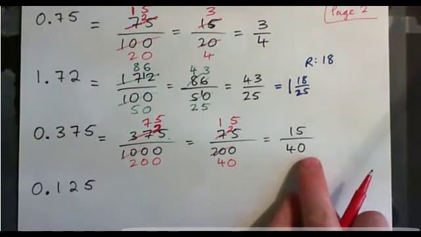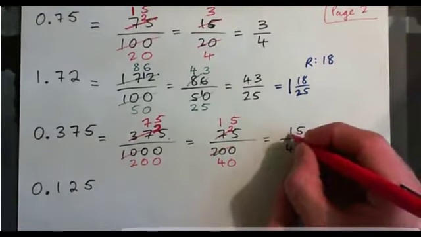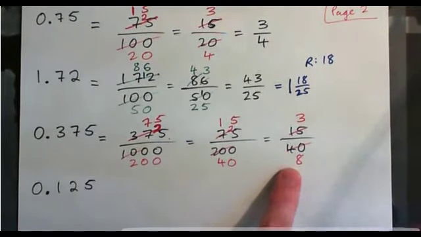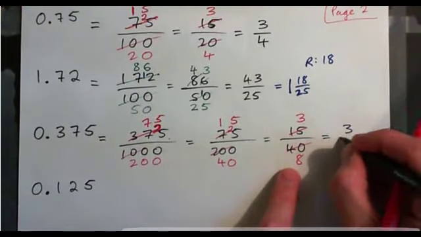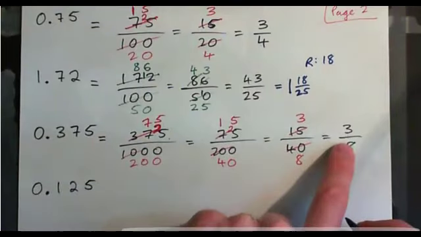And now, press pause and continue. Simplify 15 over 40. Well, 5 into 15 goes 3 times. 5 into 40 goes 8 times. So that is 3 over 8. So 0.375 is in fact 3/8.